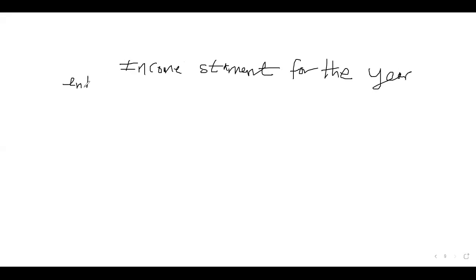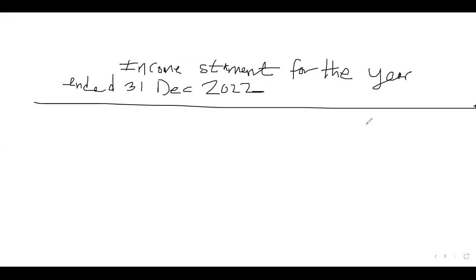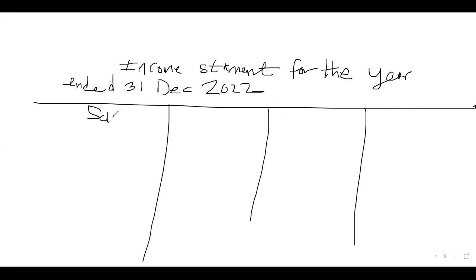An example is the year ended 31st December 2022. So we have the format here where we simply say sales is the first aspect. Sales, you record on the credit side, this is on the debit side, and this is on adjustment.